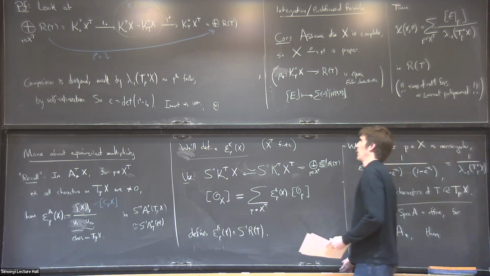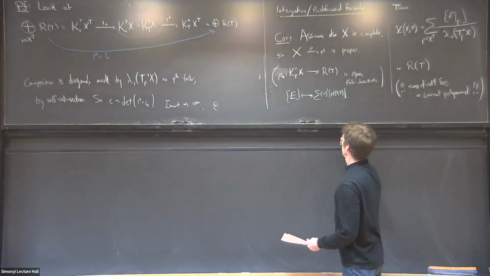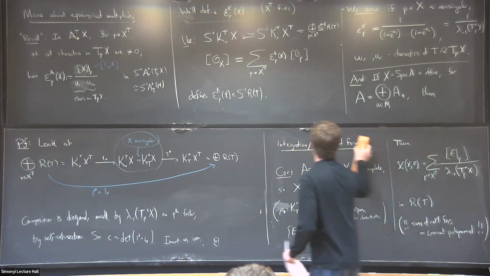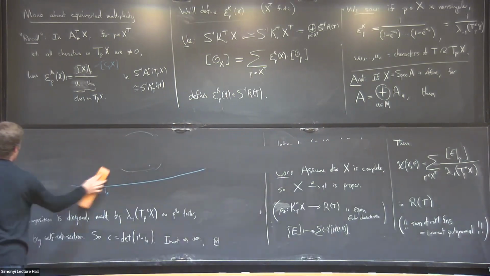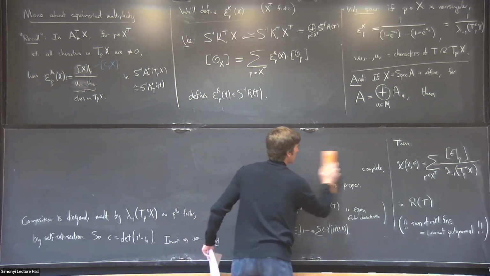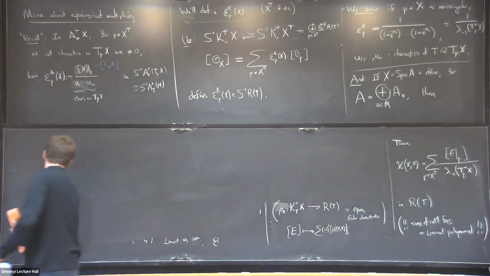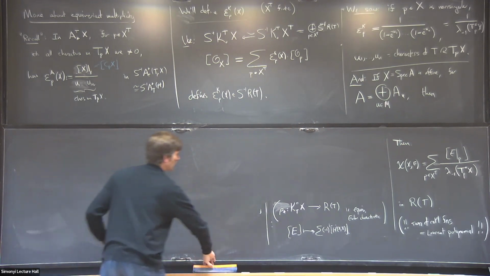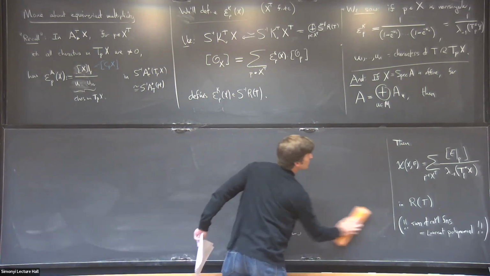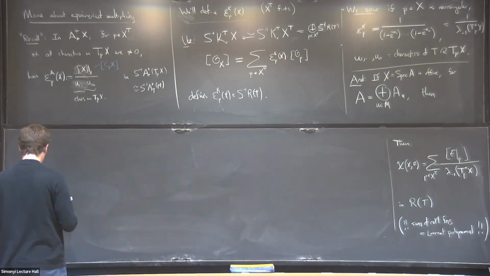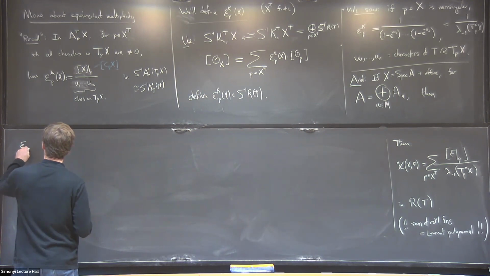Now I need more room. So another way to compute this equivariant multiplicity is it's just the multigraded Hilbert series. Okay.